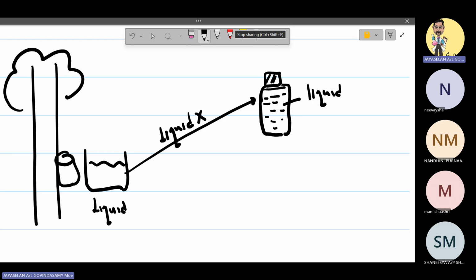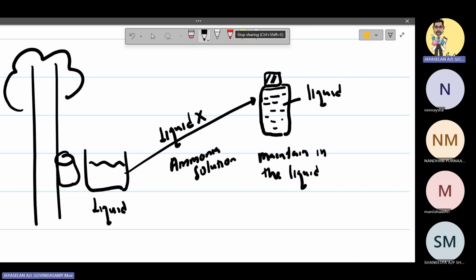What is the name of liquid X? Please remember, it is ammonia solution. Ammonia solution prevents coagulation of latex and maintains it in the liquid form.